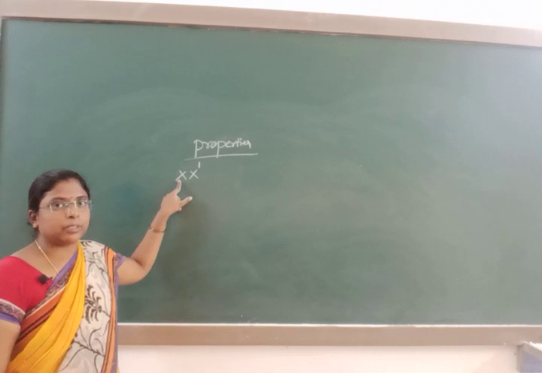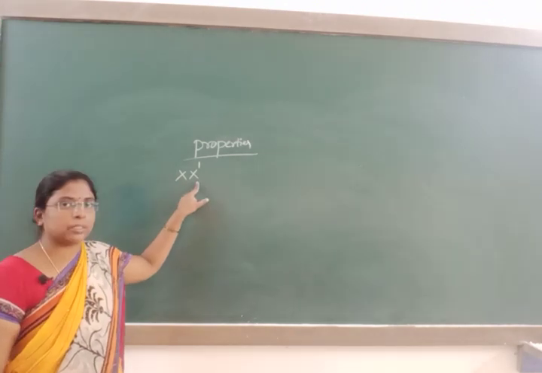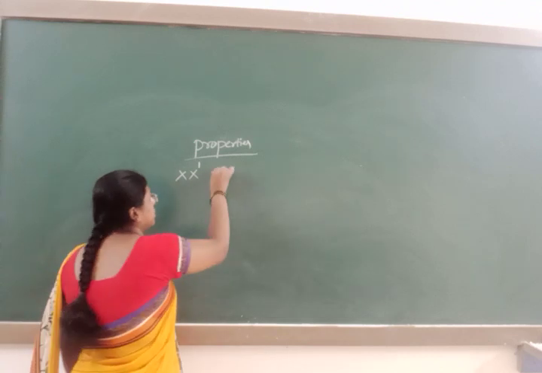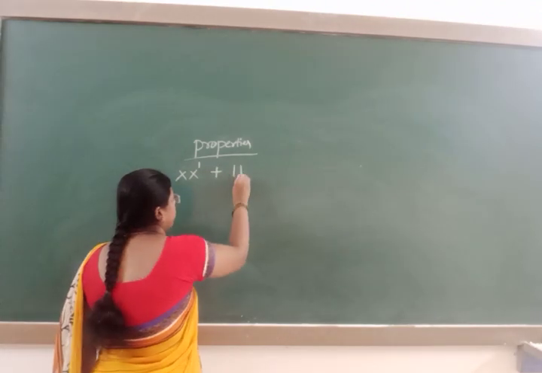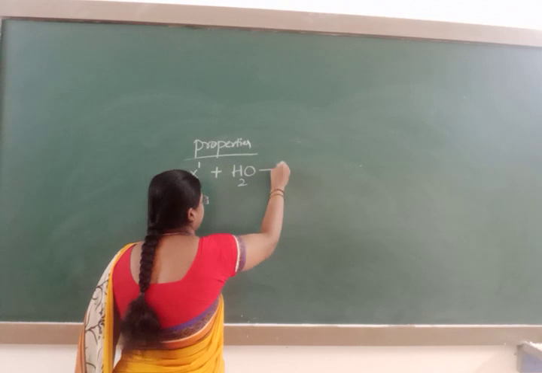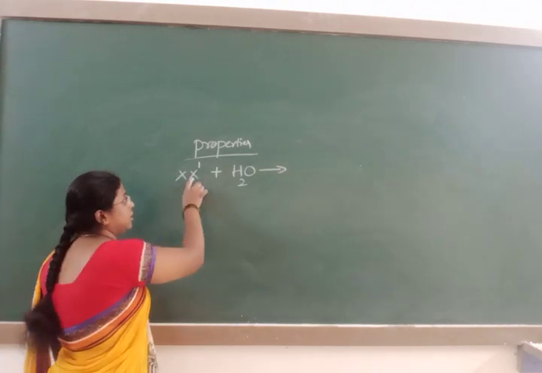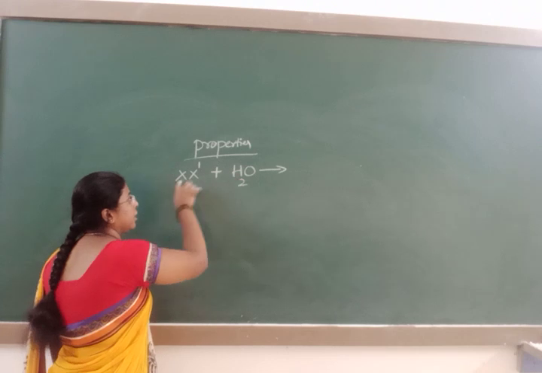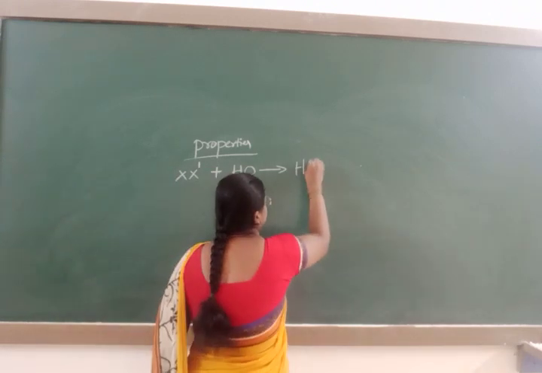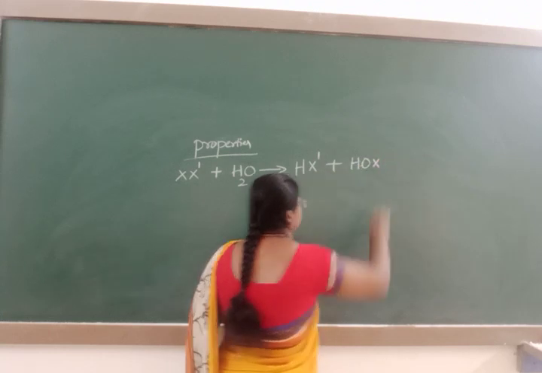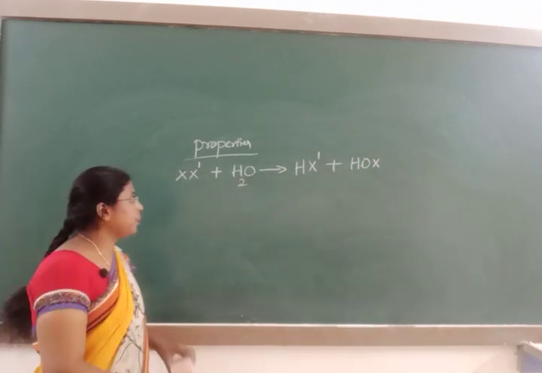X is a halogen atom with larger size, and X' is a halogen atom with smaller size. Interhalogens of the type XX', when they react with water, give HX' and HOX.